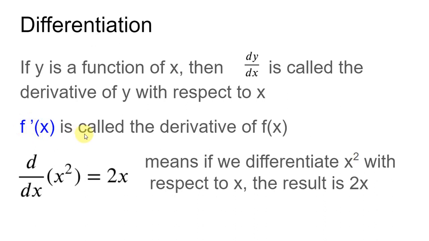It's also a derivative, and there's no big difference. We'll use this notation when it's a y equals equation, and this notation when it's an f of x equals equation. There's even this notation down here, d over dx of x squared, and I don't see that very much. Most of the time it's going to be these guys here.